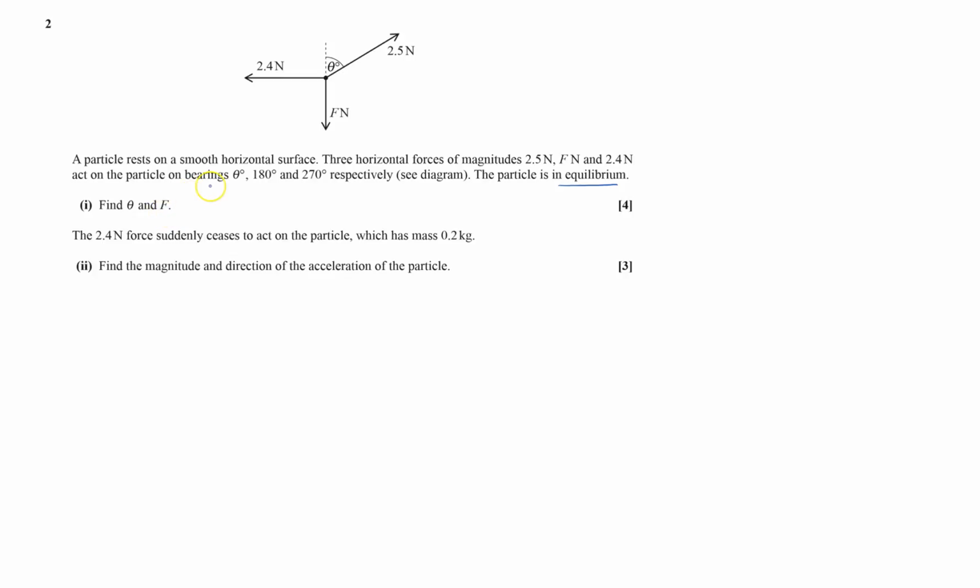Find theta and F. So I want to break it up if I can, so I can just get one unknown. I don't want to resolve vertically because I'll have an F and a theta. So the first thing I'm going to do is resolve horizontally, and it's in equilibrium, so that means the left hand force must equal the right hand force to the right.